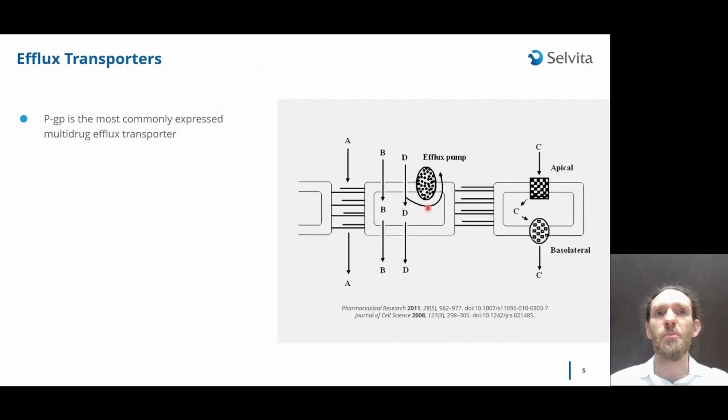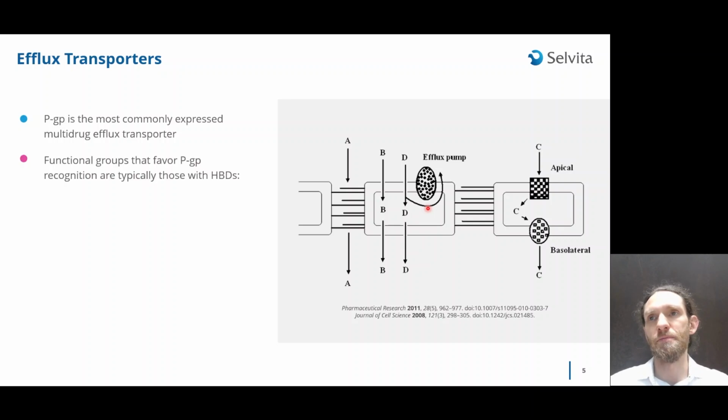Now, let's move to the transporters. We discussed in the previous MedChem Essentials that PGP is the most commonly expressed multi-drug efflux transporter. It favors specific groups, so it's not that it recognizes everything. It's very general, yes, it can pump out multiple different compounds, but it favors compounds especially with hydrogen bond donors.